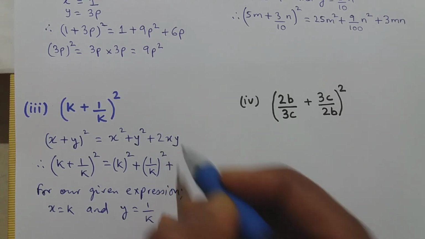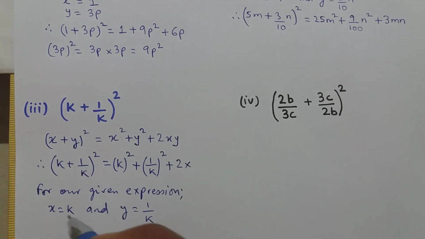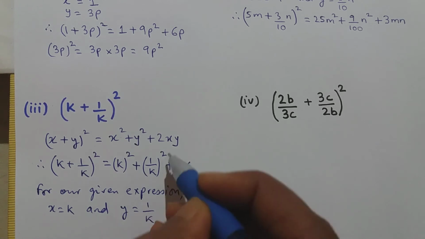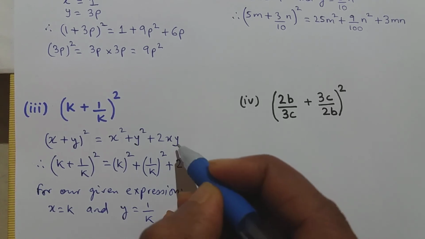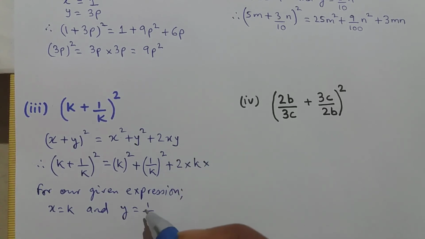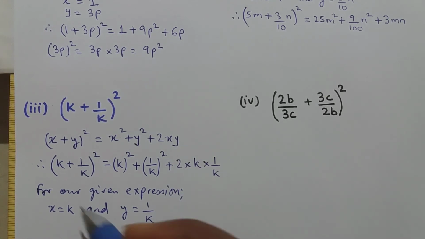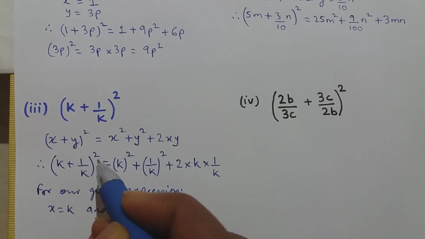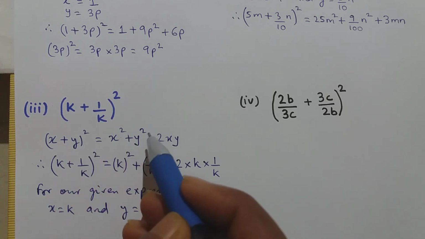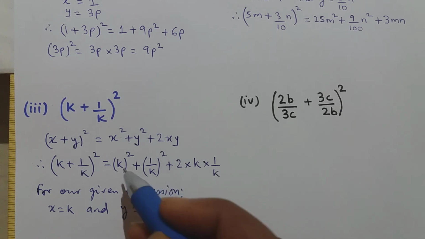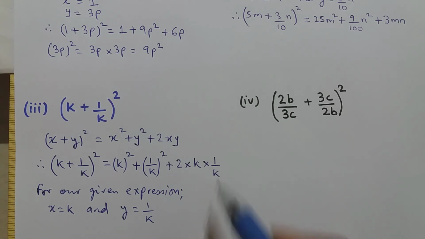So 2 into x into y. This will be 2 into x. For our given expression x is k, so instead of x I will write k, into y. For our given expression y is 1 by k, so instead of y I will write 1 by k. So when I expand (k plus 1 by k) whole square using the algebraic identity (x plus y) whole square equals x square plus y square plus 2xy, I get k whole square plus (1 by k) whole square plus 2 into k into 1 by k.